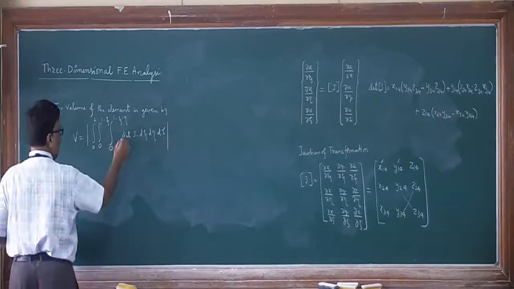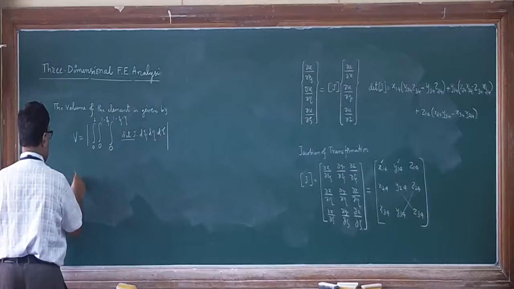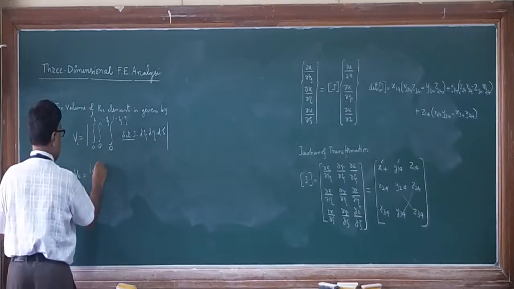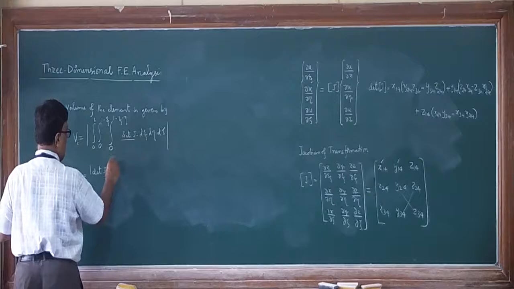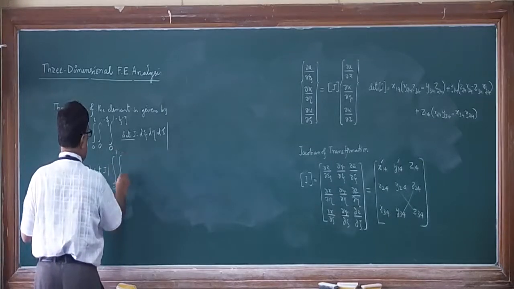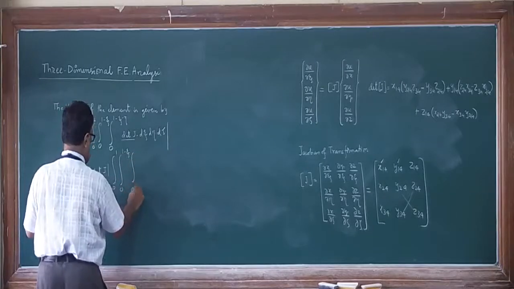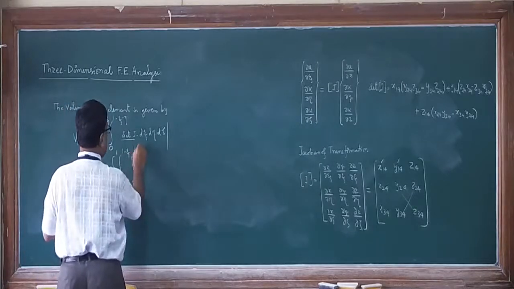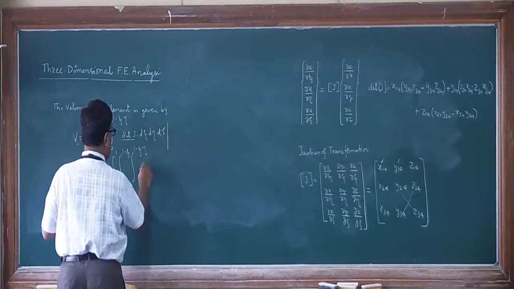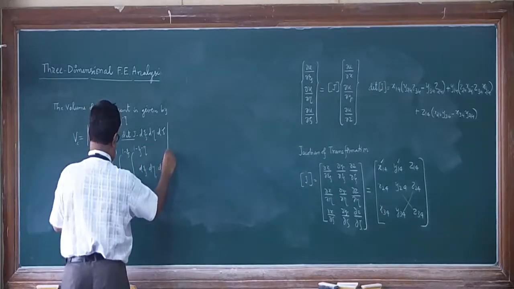Since the determinant of J is a constant, I can take it outside, and the volume of the element is equal to the determinant of J times the integral from 0 to 1, 0 to 1 minus zeta, 0 to 1 minus zeta minus theta, d zeta, d eta, d theta.